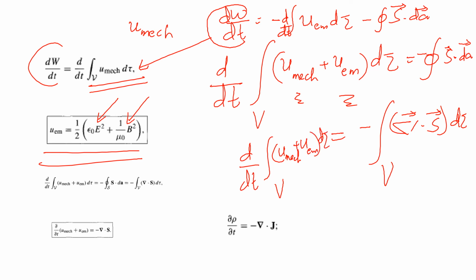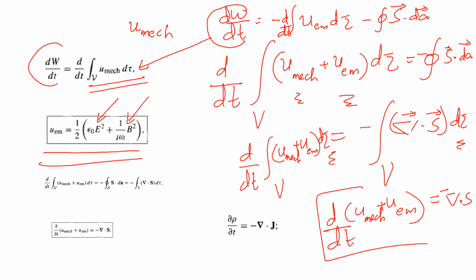What is the conclusion from here? Because it is an integral over volume on both sides, d by dt of U mechanical plus U electromagnetic is equal to negative del dot S. This is actually the differential form of Poynting's theorem.